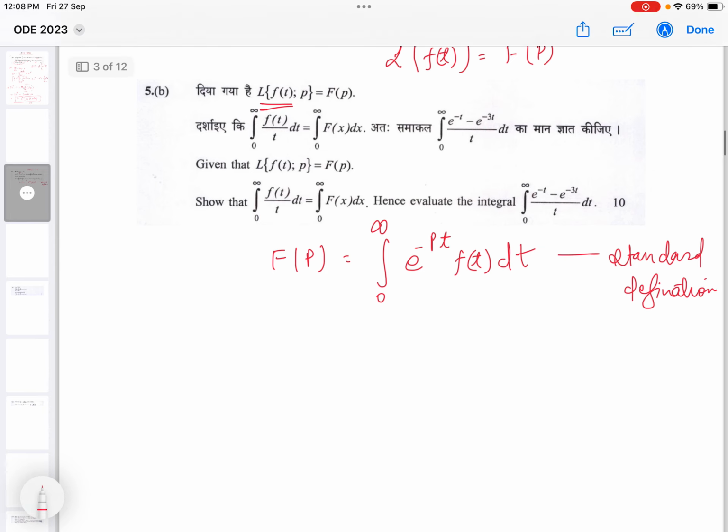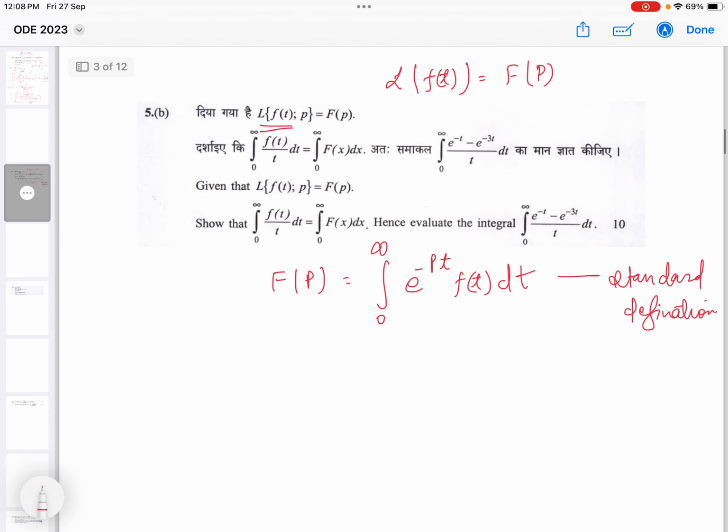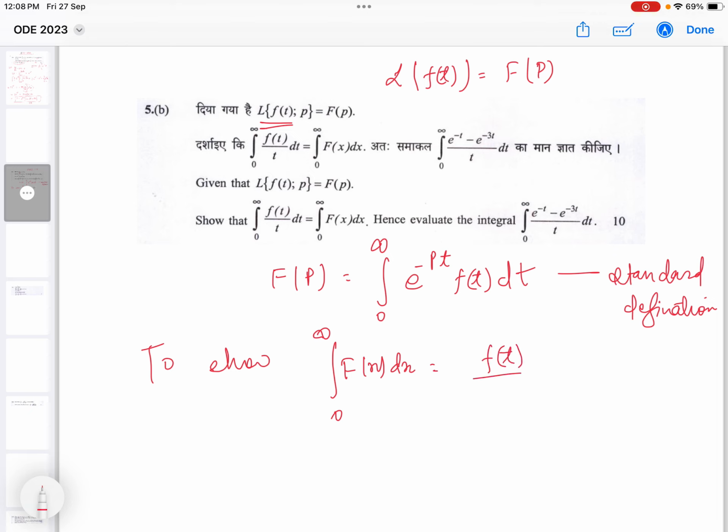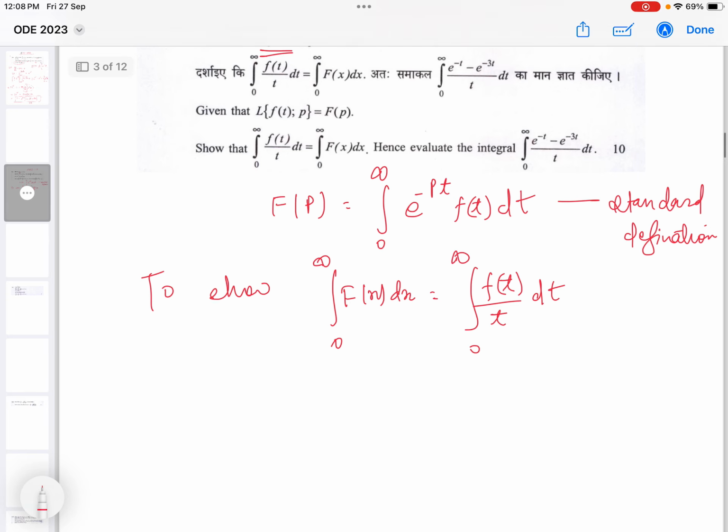Fine. So we have to show that the integration from 0 to infinity of F of x dx is equal to the integration from 0 to infinity of f of t over t dt.